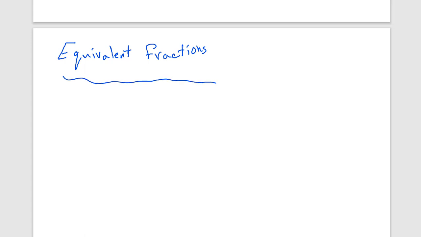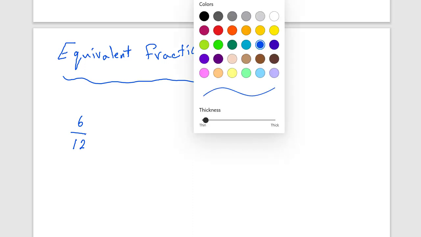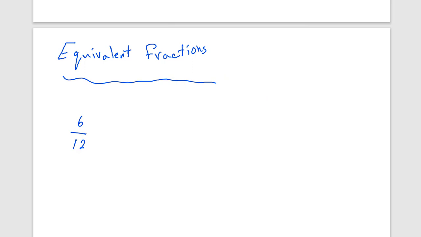In this case, we need to understand the meaning of equivalent fractions. For a fraction like this one, we can divide by 6, since everyone knows that 6/12 is equal to 1/2. When we divide by 6, we get 1/2.